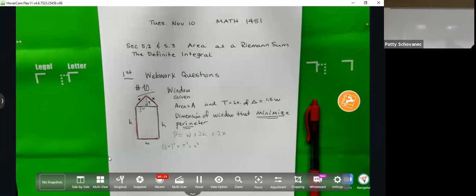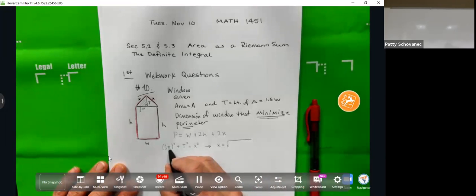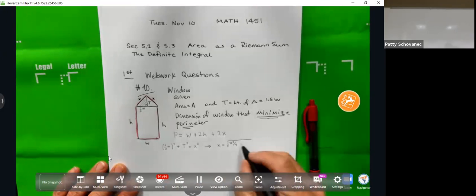So if I wanted to, I can get maybe the X out of here. That X is going to be the square root of all of that. So that says X is the square root of W squared over 4 plus T squared.